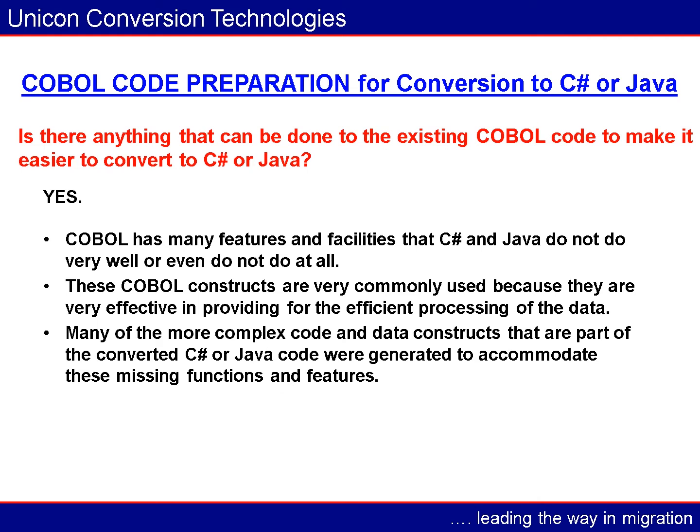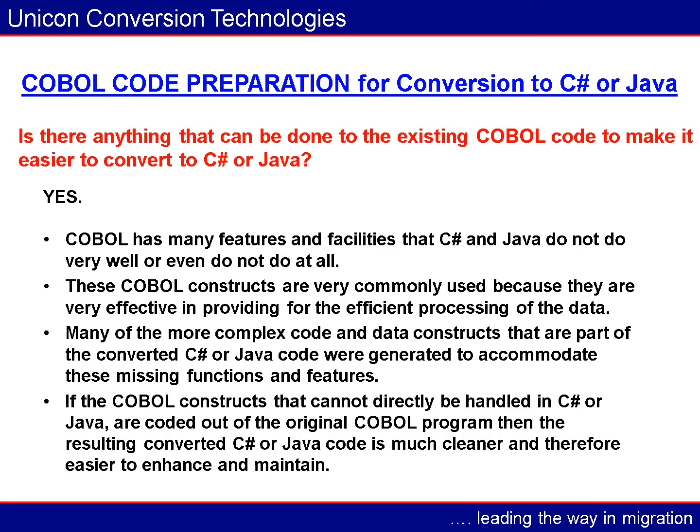Many of the more complex code and data constructs that become part of the converted C# or Java code were generated to accommodate these missing functions and features. If the COBOL constructs that cannot directly be handled in C# or Java are coded out of the original COBOL programs, then the resulting C# or Java code is much cleaner and therefore easier to enhance and maintain.